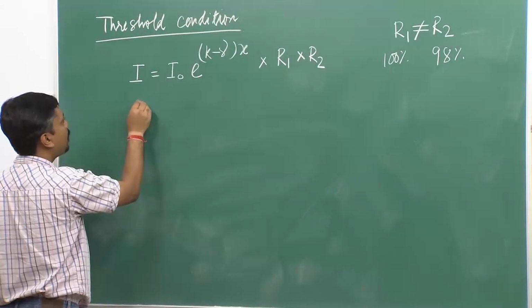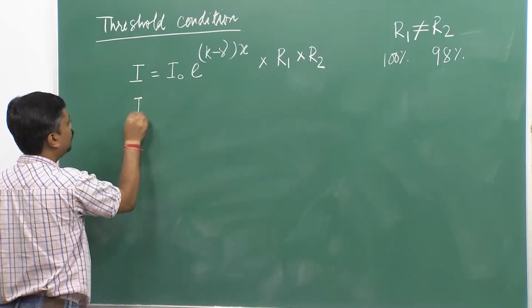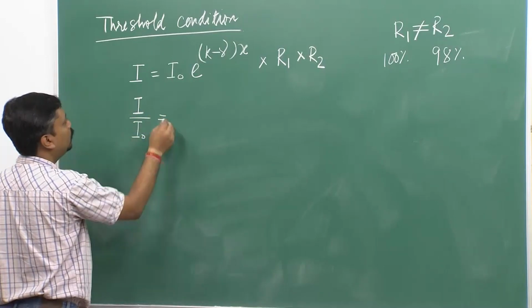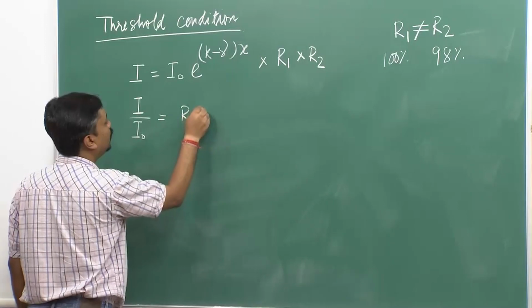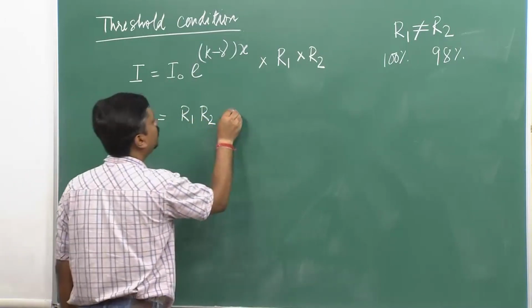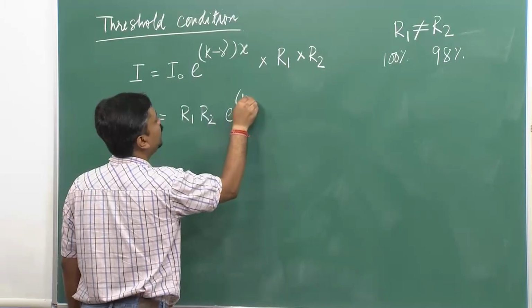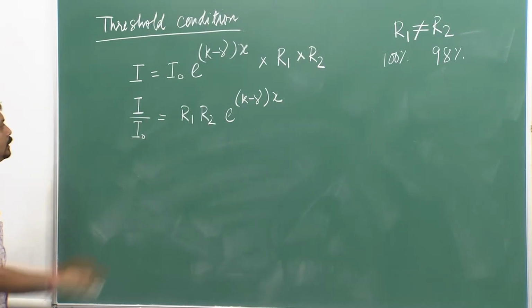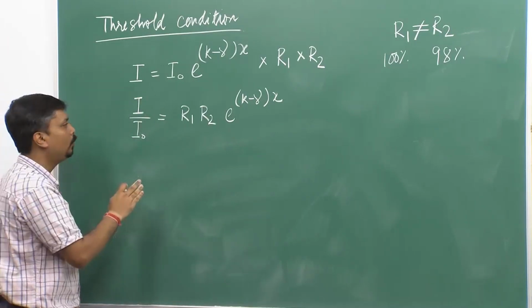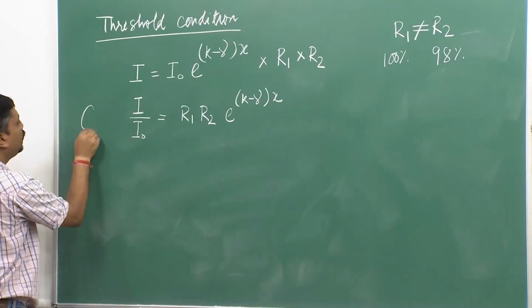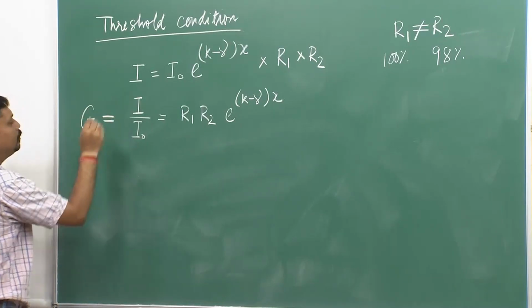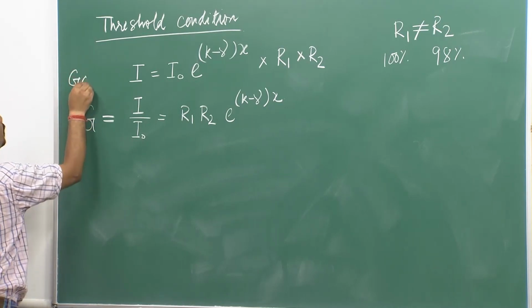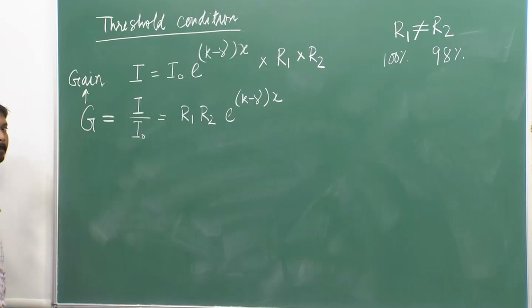If I now rewrite this as I by I0 equals R1 R2 into exponential k minus gamma x, this term I by I0 is known as gain, where G is my gain.